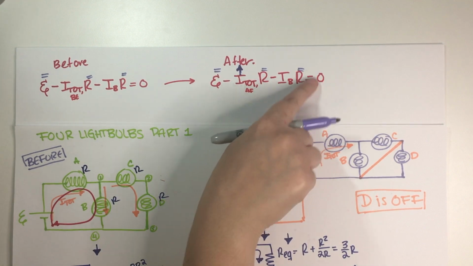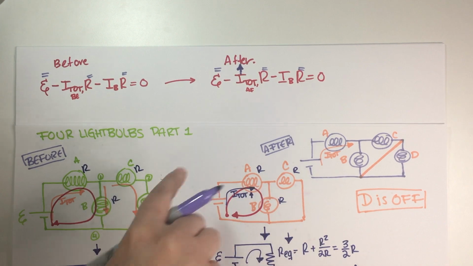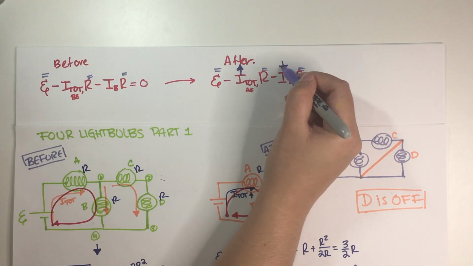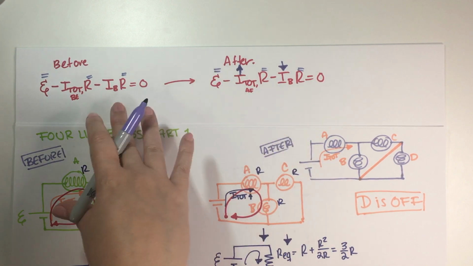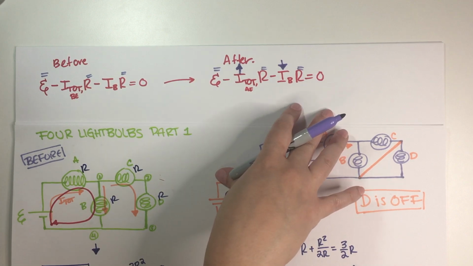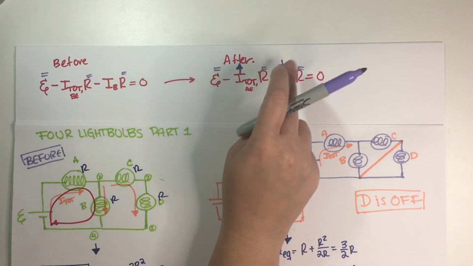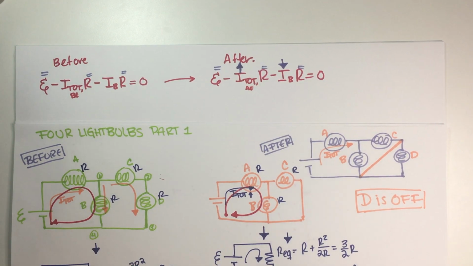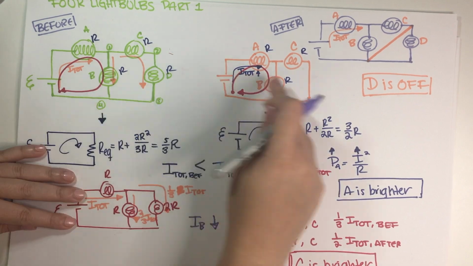And if everything needs to stay equal to 0, because the loop rule still needs to apply even if I short out a resistor, then this means that this guy actually went down, just to keep energy being conserved on a loop. That means that because the total current increased, this current actually decreased.